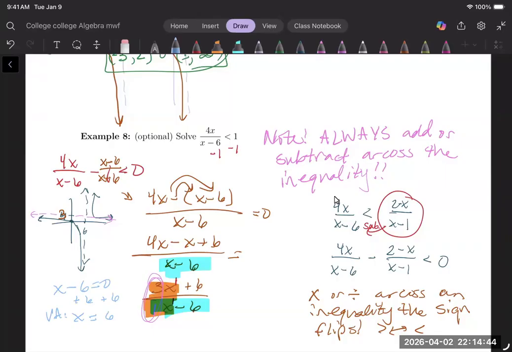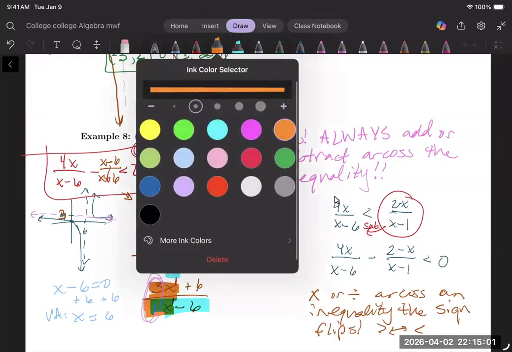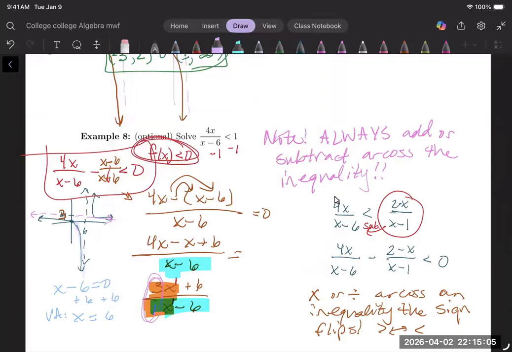Perfect. So then if we go back to the question, looking at the original right here, this says, where is f of x less than 0? That's what we're answering. So that is this section right here.